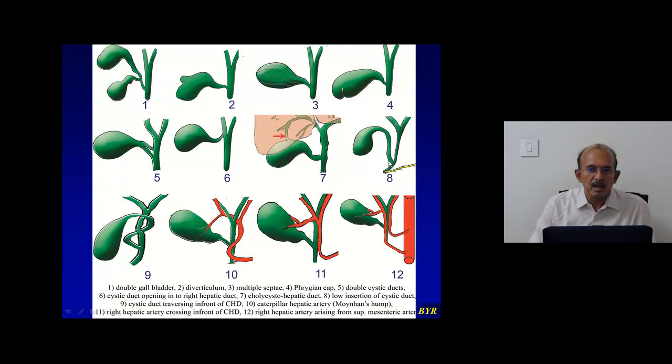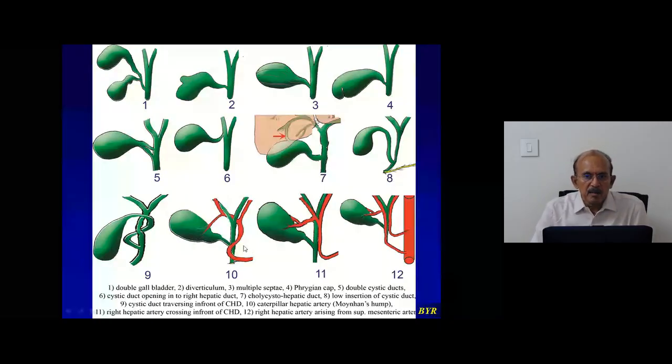That's why you should not leave behind any remnant of the cystic duct. Normally the cystic duct joins on the right border of the common hepatic duct. But here you can see it crosses the common hepatic duct, goes behind it, and joins the common hepatic duct somewhere down. So this again poses a lot of danger to the common bile duct.